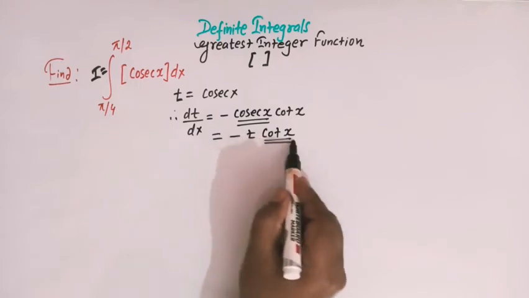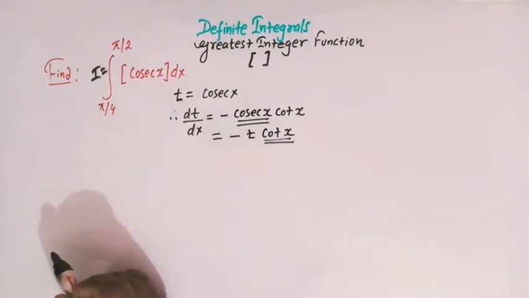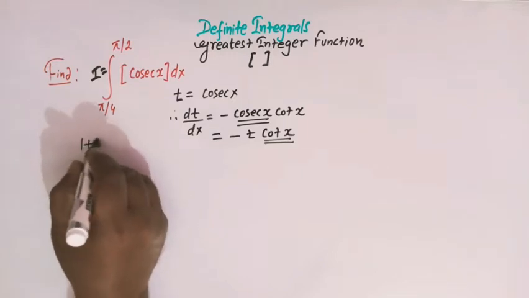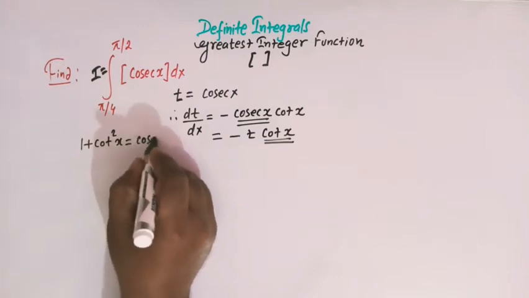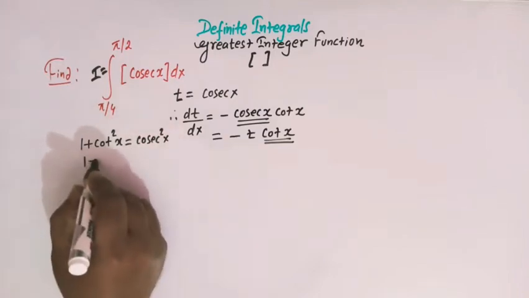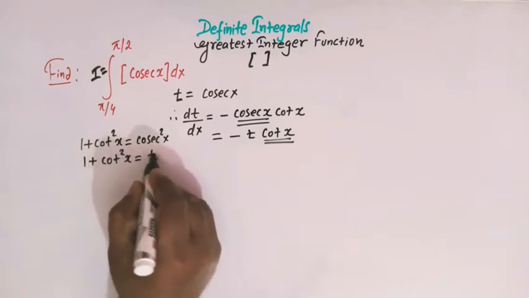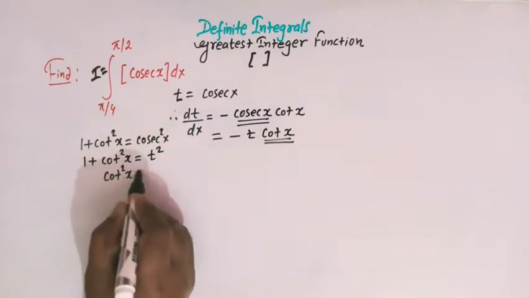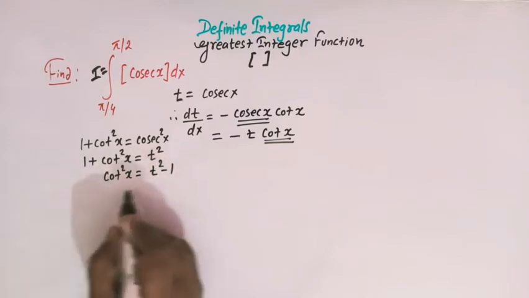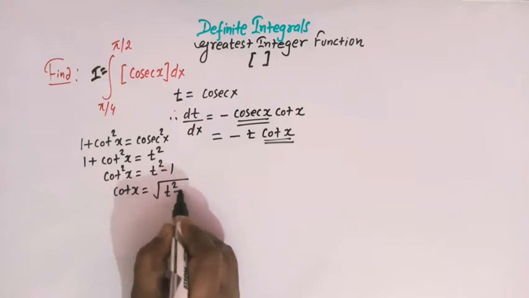Now to express cot x in terms of t, we'll use an important identity from trigonometry. We know that 1 plus cot square x is equal to cosec square x, and here 1 plus cot square x is equal to t square, because cosec x is equal to t. So cot square x can be written as t square minus 1, and cot x is equal to square root of t square minus 1.